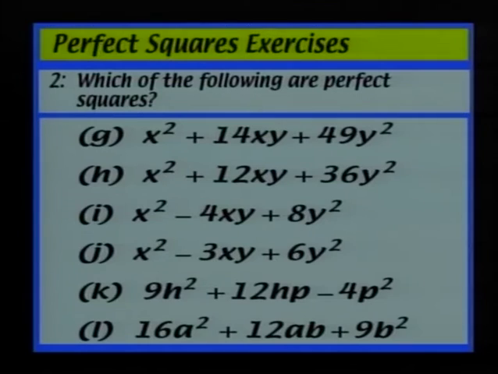No. Why not? Good, because 8 is not a square. Garonamo, J. No, because 6 is also not a square. Letter K? No. Minus 4p squared is not a square. What about letter L? Yes. Are you sure? I mean, no.